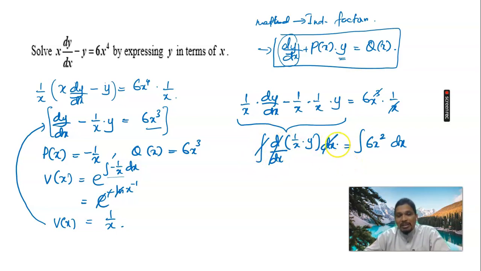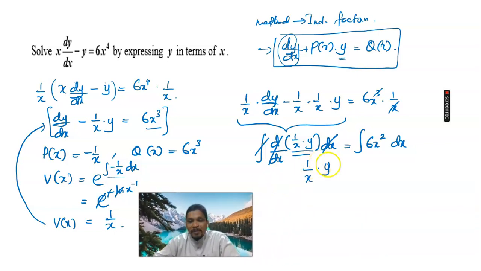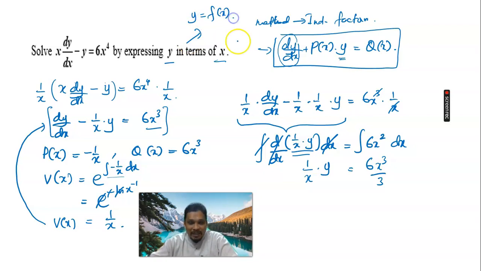When they meet each other, they neutralize each other, and finally we can write 1 over x times y equal to 6 integral of x squared with respect to x, which is x cubed divided by 3. Now we are going to express y in terms of x, meaning we want it in the form y equal to f(x).